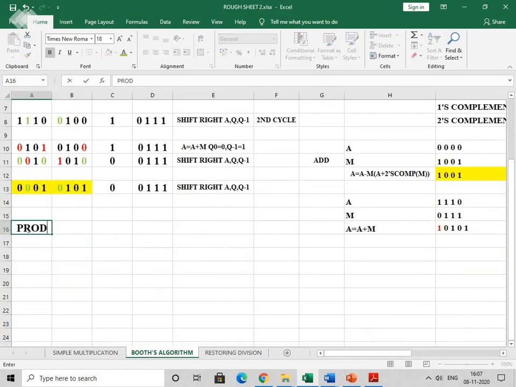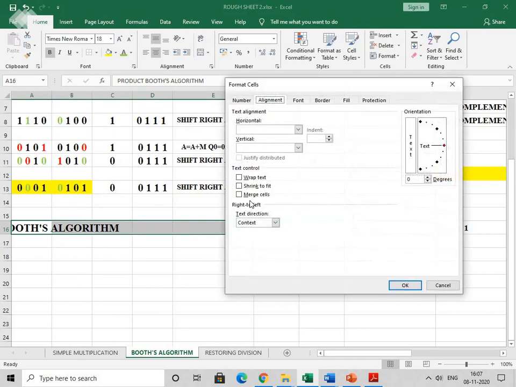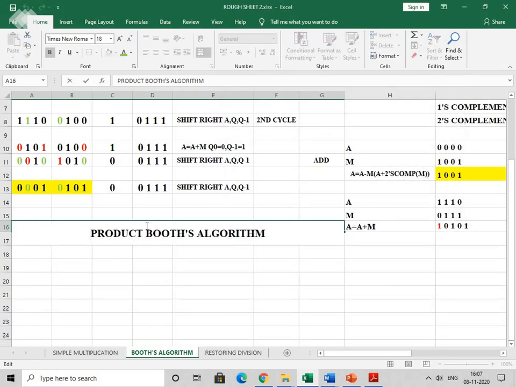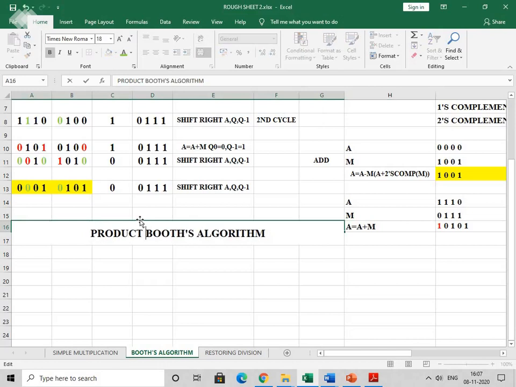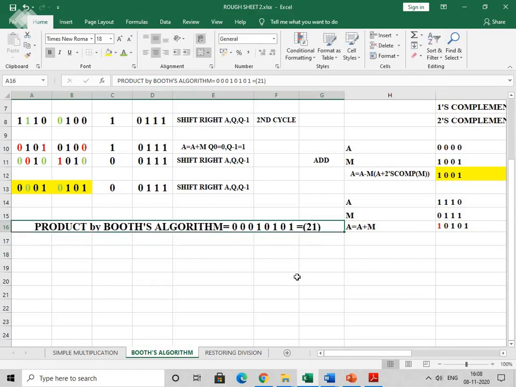So product by Booth's algorithm equal to, what is the product? 0 0 0 1 0 1 0 1, which is equal to 21. 7 into 3 is 21.